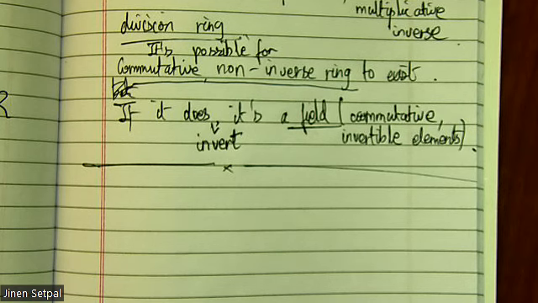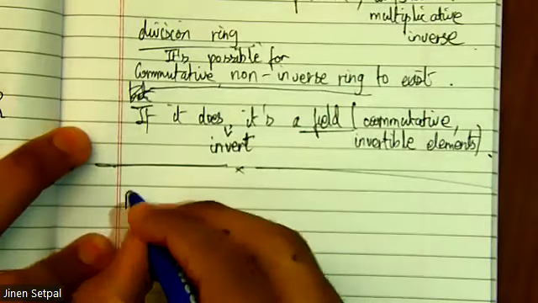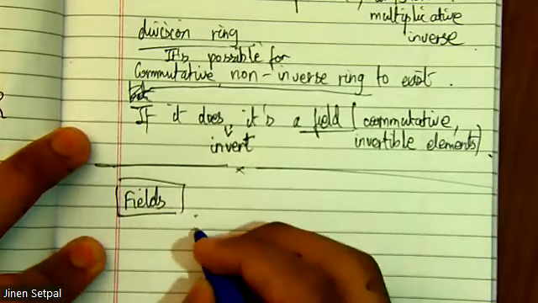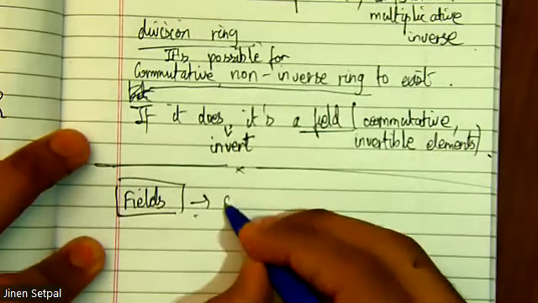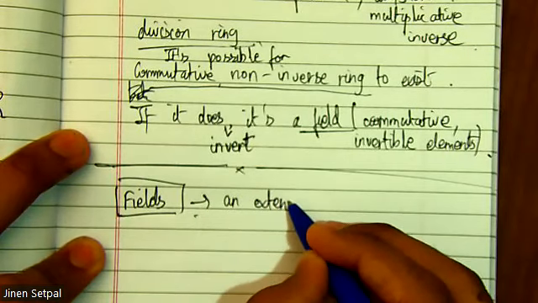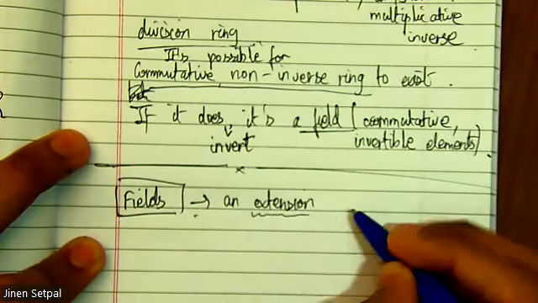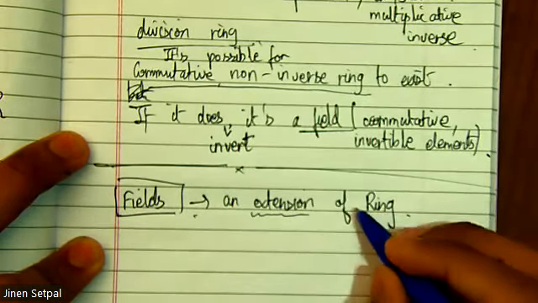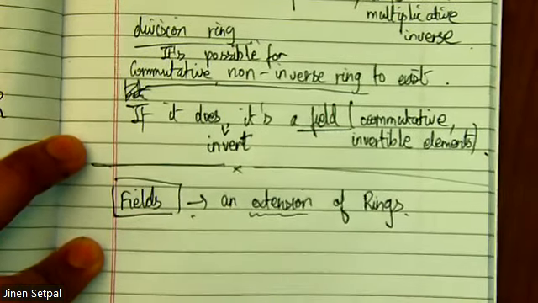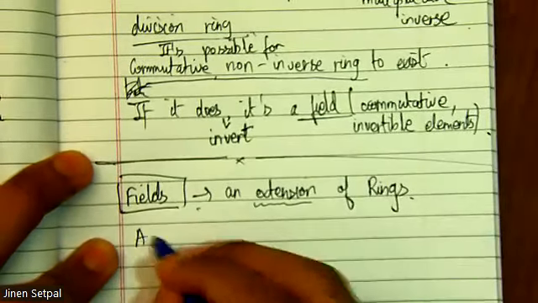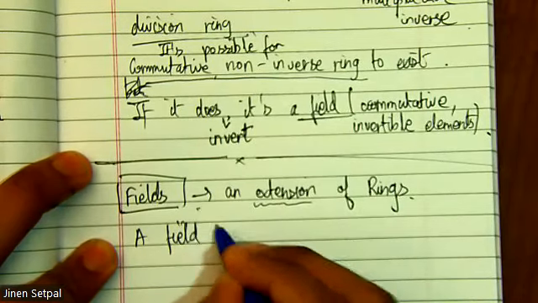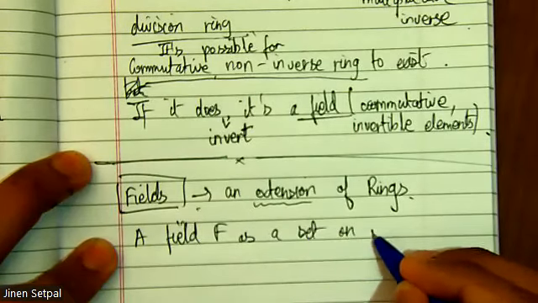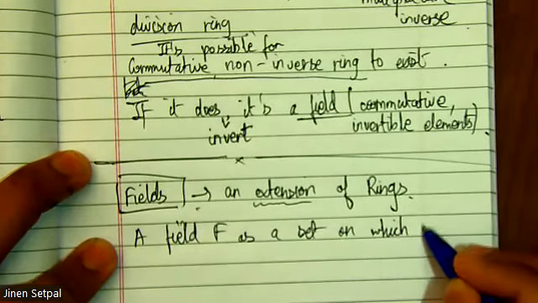Okay, so let's start with fields. The basic definition, well, first off, it is an extension of a ring or of rings, and we define formally a field F as a set on which two operations can be run.